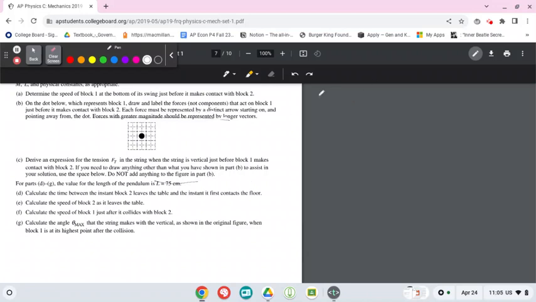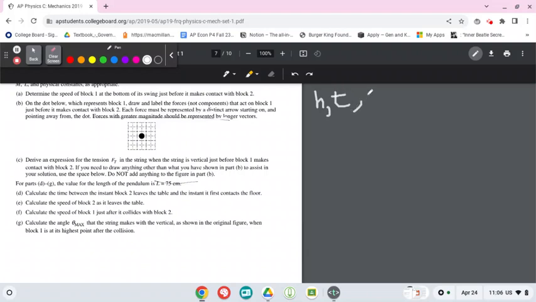So what do we know and what do we want to find? Let's take a look at the vertical component. We know the vertical height that it travels, h. We want to find t.